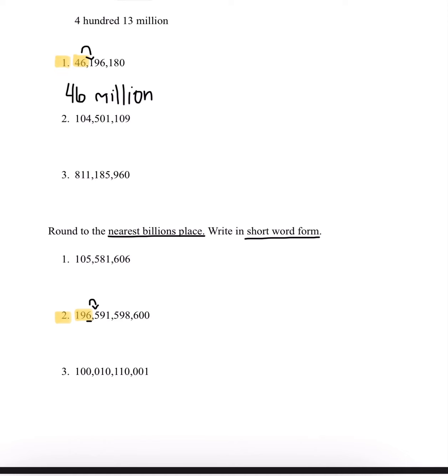Since it's 5 or above, the 6 will be rounded to 7. So it'll be 197 billion.